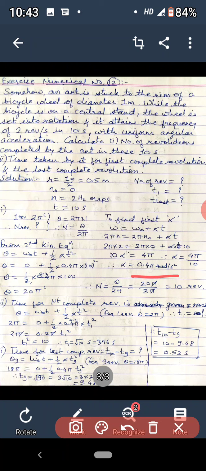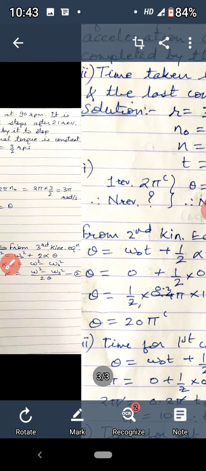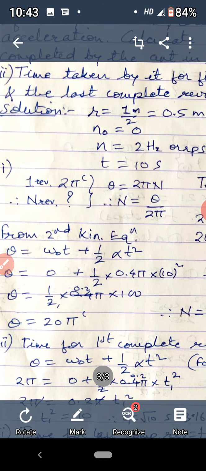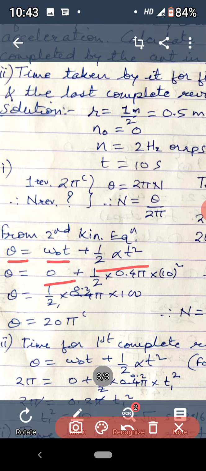So once we get the value of alpha, now let us see how to find theta. We know the second kinematical equation: theta is equal to omega 0 t plus half alpha t square. This is the second kinematical equation in circular motion. Omega 0 is 0, so the first term becomes 0 plus half alpha t square. Alpha is 0.4 pi, time is 10 seconds.